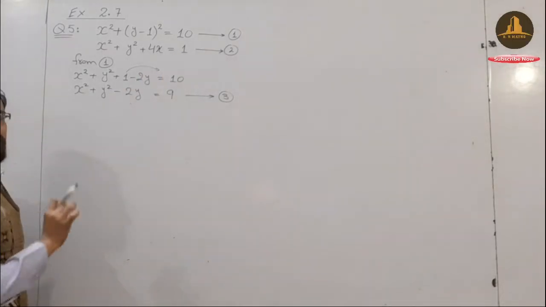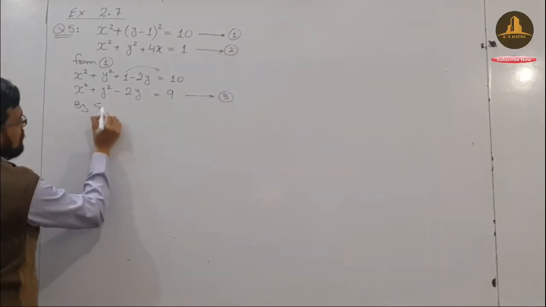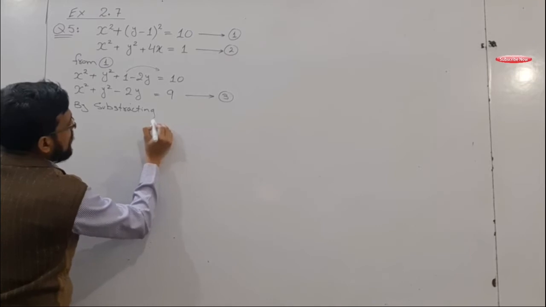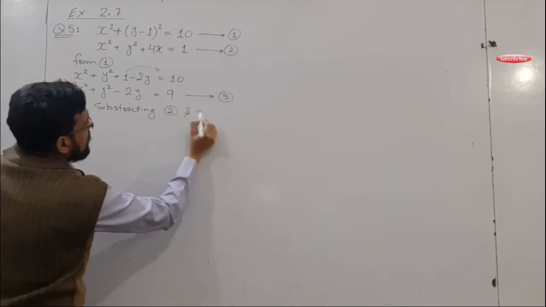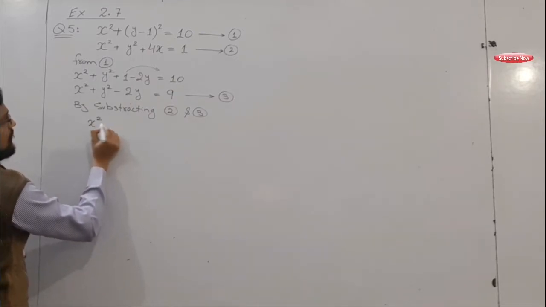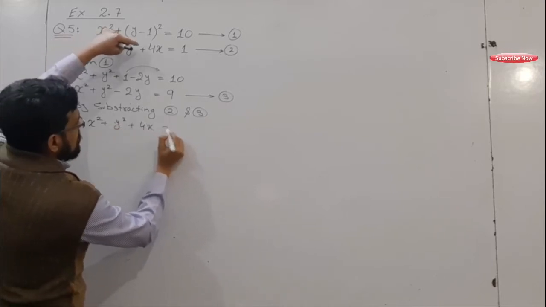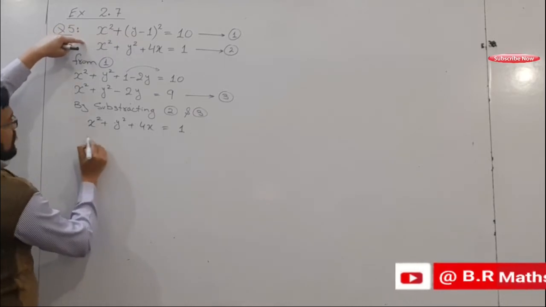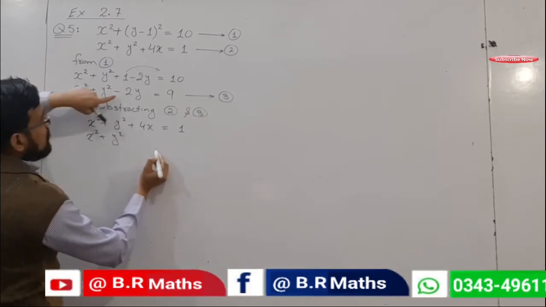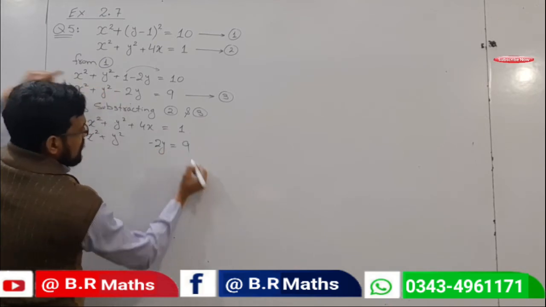Equation 2 is x square plus y square plus 4x is equal to 1, and the third equation is x square plus y square minus 2y, not x, is equal to 9.